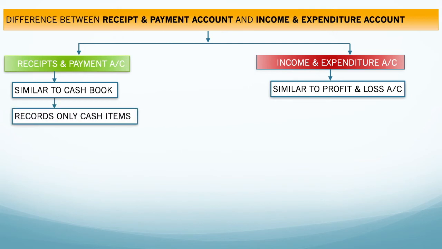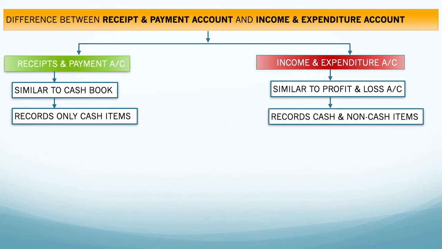The second point of difference is that it records only cash items. Because it is a cash book, credit transactions will not be recorded. But here it will record cash and non-cash items both, because it is a nominal account where we have to record all the expenses, losses, incomes and gains of the current year. So it includes both cash and non-cash items.